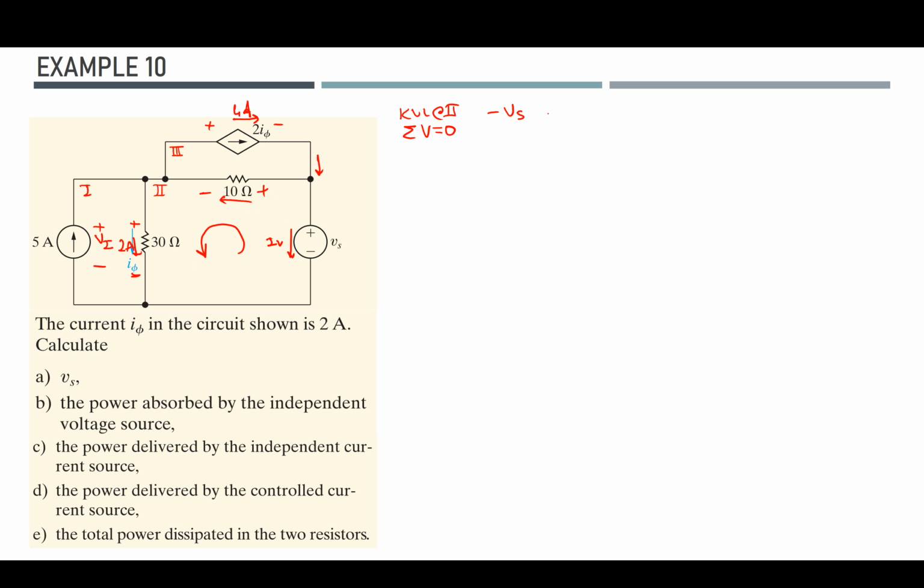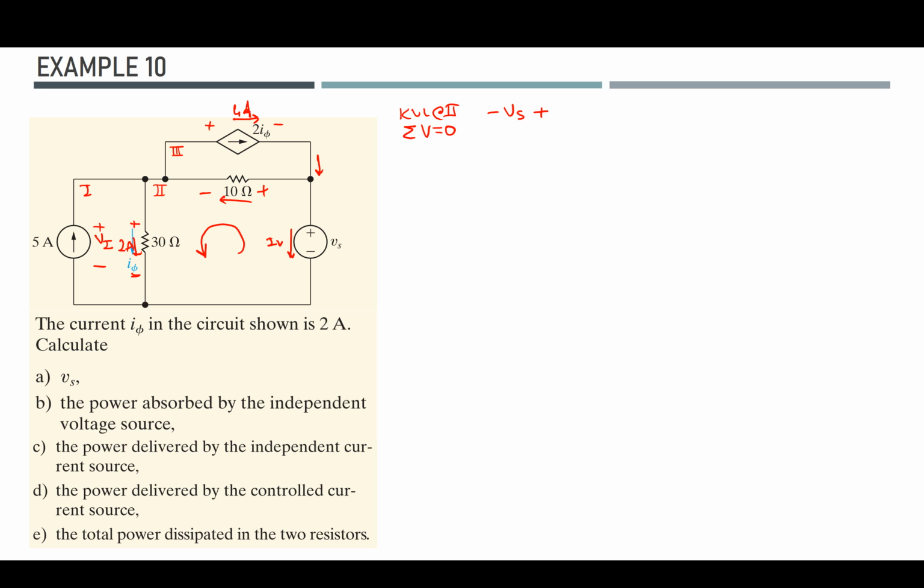Then I will have the current value times the 10 ohms, and we can find the current for this 10 ohm resistor.